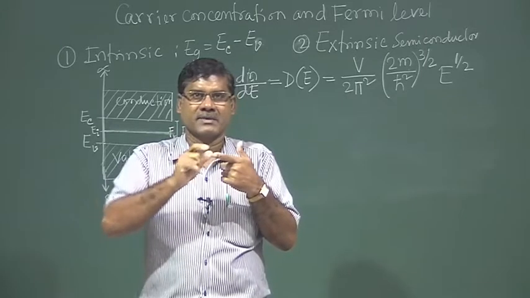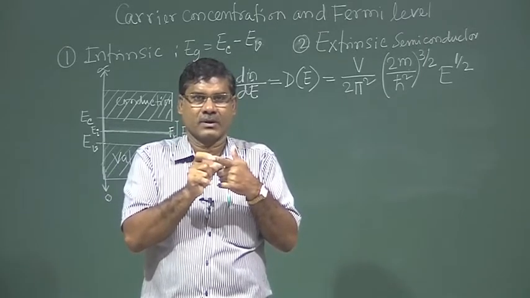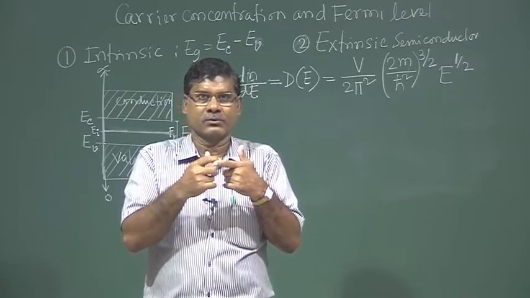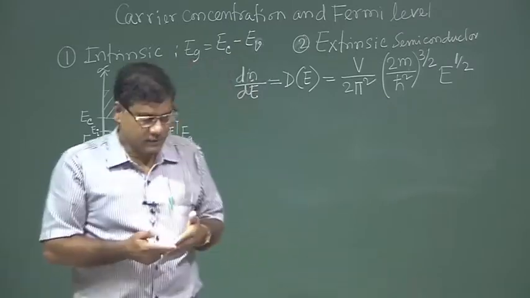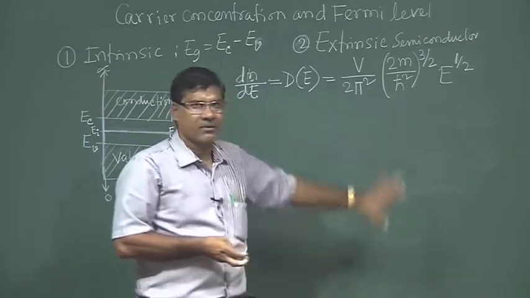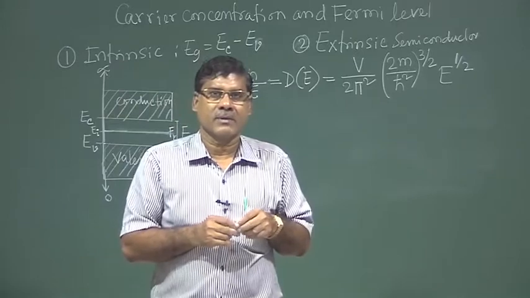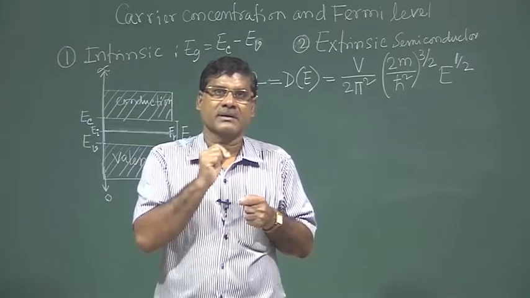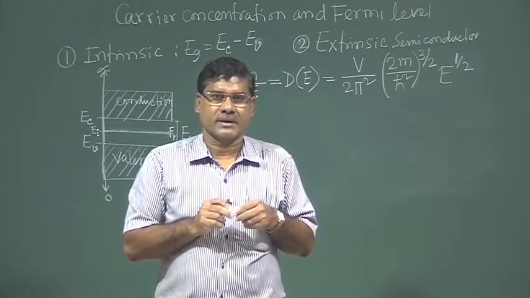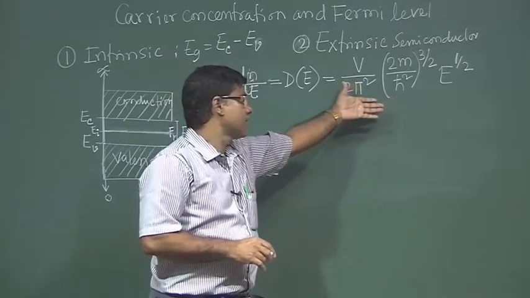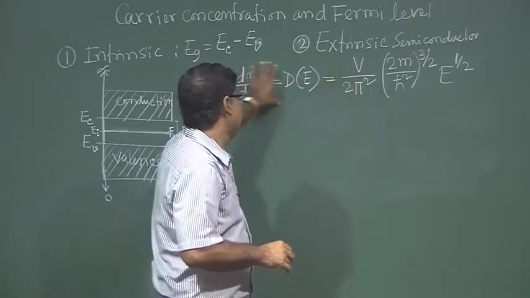So, that means it has degeneracy. If we multiply by 2, then 2 into the number of orbitals, you can consider double orbital, then we have to take 1 electron per state. So, that is the 1 electron per state that we have considered when we derived this.